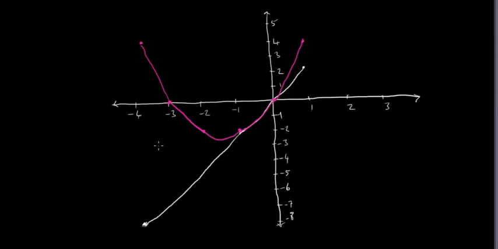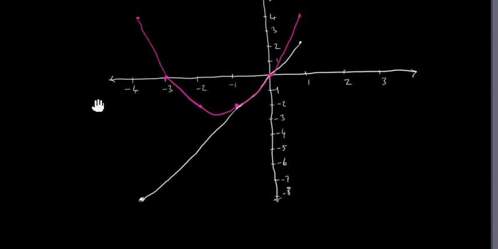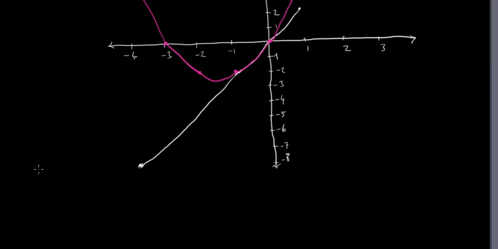Now, the questions that you can be asked here can vary, but let's see. First question that we could be asked is find the value of, you have to use the graph now. Use the graph to find the value of, let's say, f minus 2.